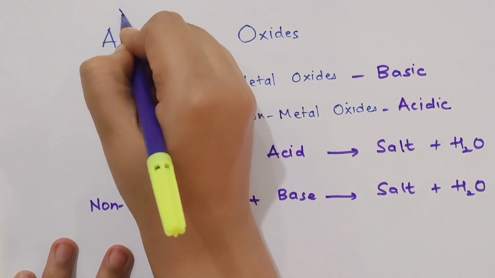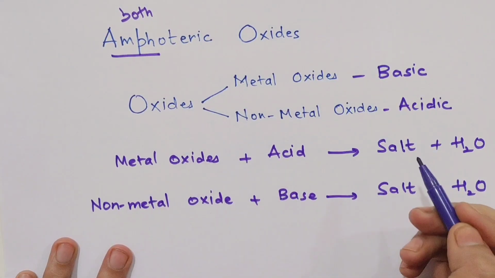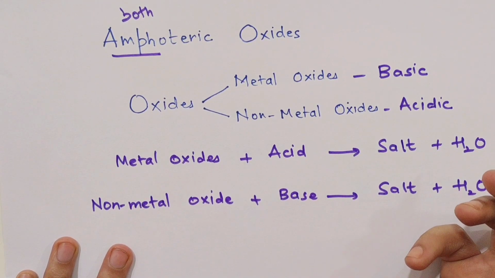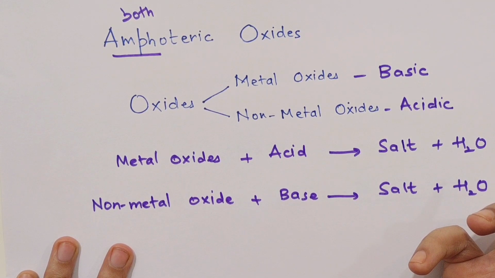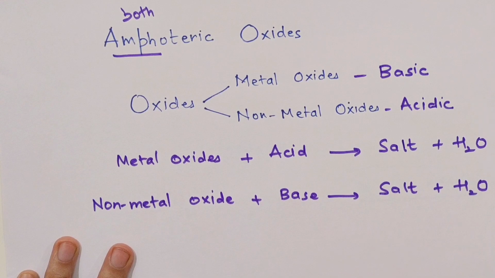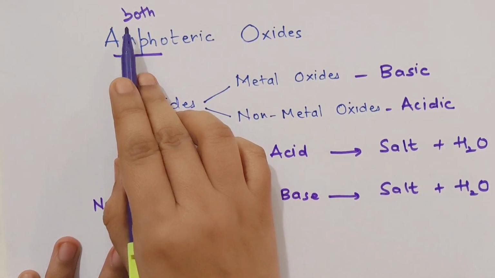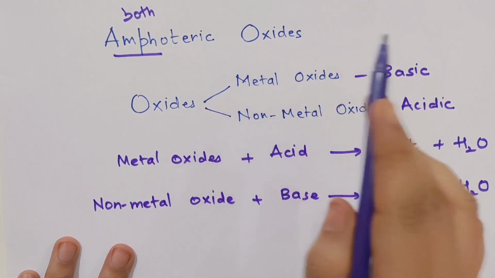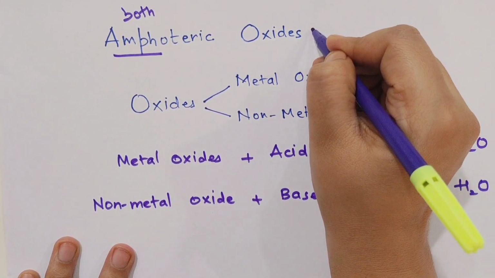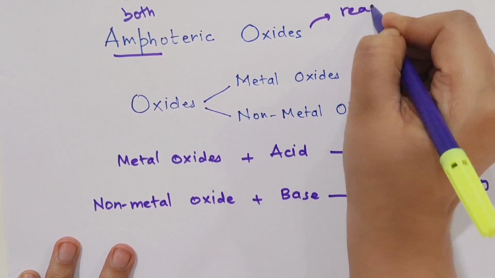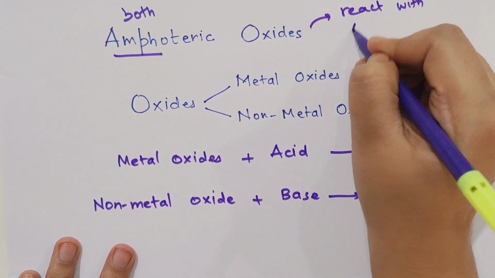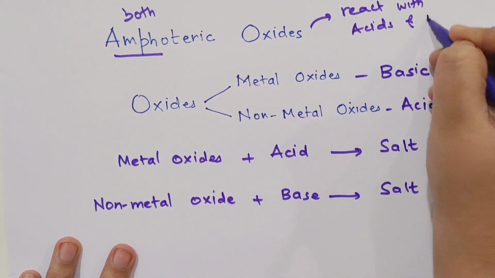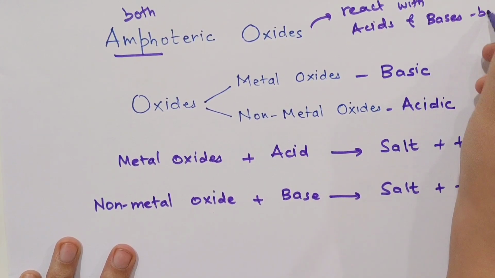Ampho means both. Okay, for example, amphibians are the animals which can live on land and water both. Ambidextrous are the ones which can write with both hands. Okay, so it means both. Amphoteric oxides, therefore, are the oxides which can react with acids and bases, both.